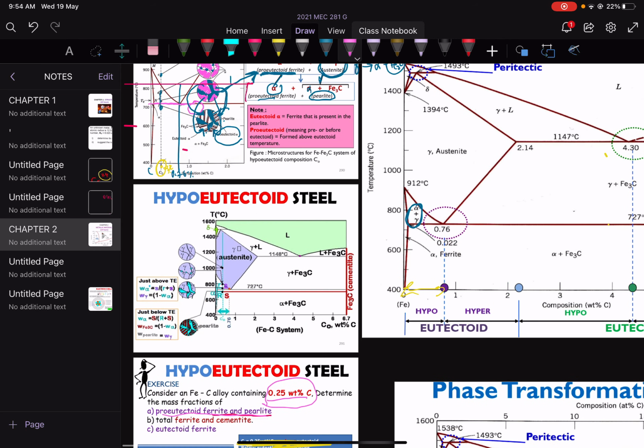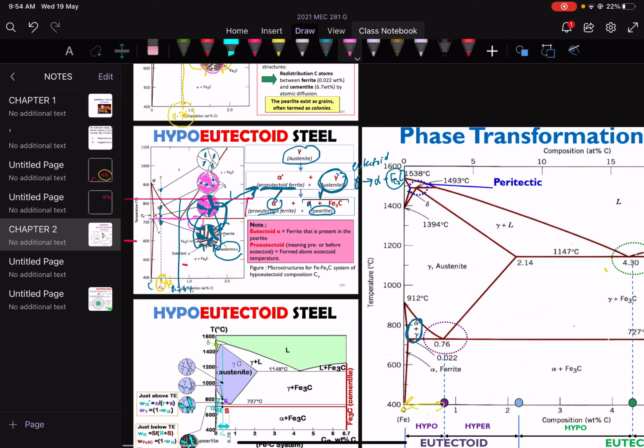From the previous lecture, we know that pro-eutectoid ferrite and pearlite happen below the eutectoid temperature.